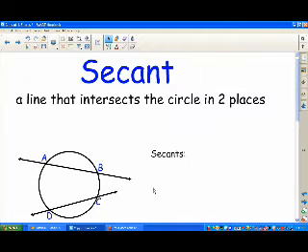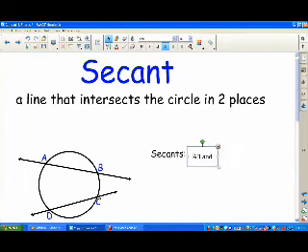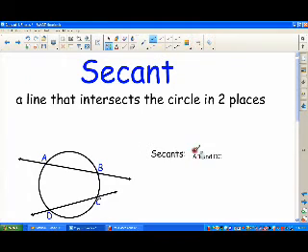If we were only looking at just the segment AB, it'd be a chord. But line AB is a secant. So when I would name that, it would be line AB and line DC. And I need to use the correct symbols here. There's one arrow. There's another one. And then we'll do the same thing for DC. Okay, so those are our two secant lines.